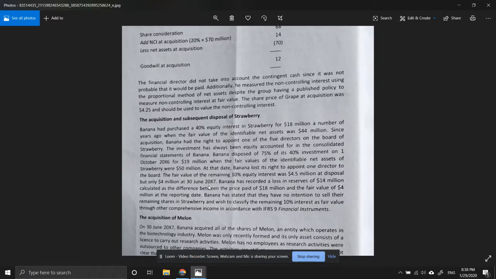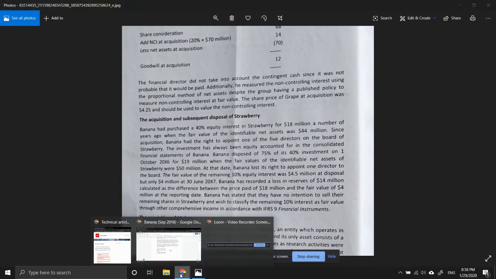Banana recorded a loss in reserves of 14 million, calculated as the difference between the price paid of 18 and 4. That's not the right treatment. Banana has stated that they have no intention to sell their remaining shares in Strawberry and wish to classify the remainder as fair value through OCI.